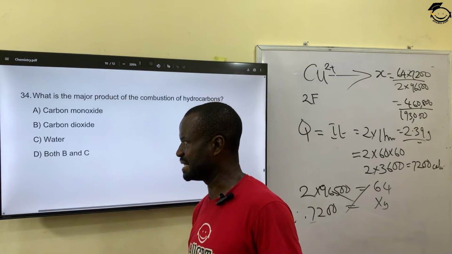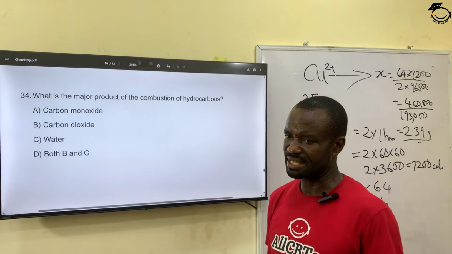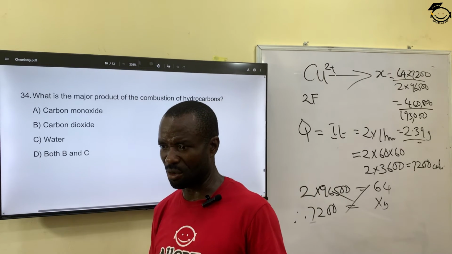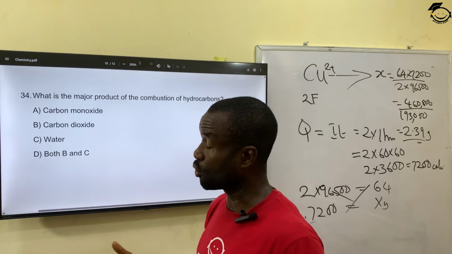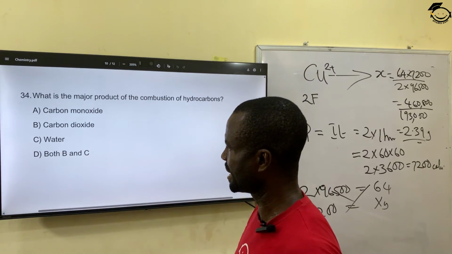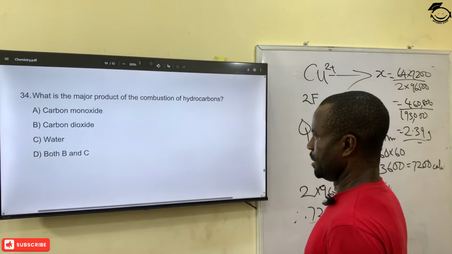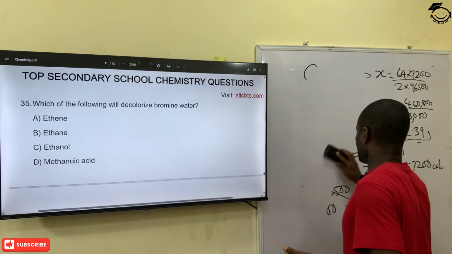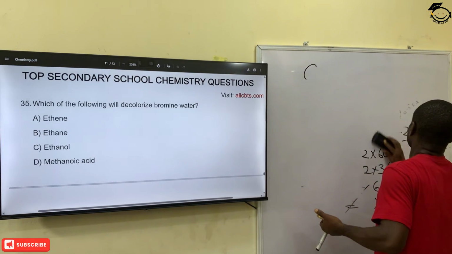So the correct answer is D. A characteristic of every organic compound is that when they completely undergo combustion, they release carbon dioxide and water. So the correct answer is D. All right. Let's move on to the next question.